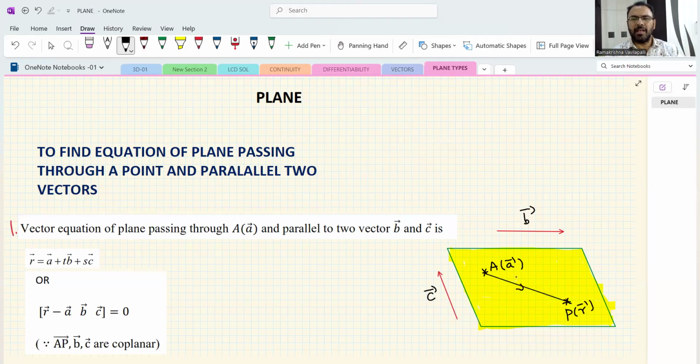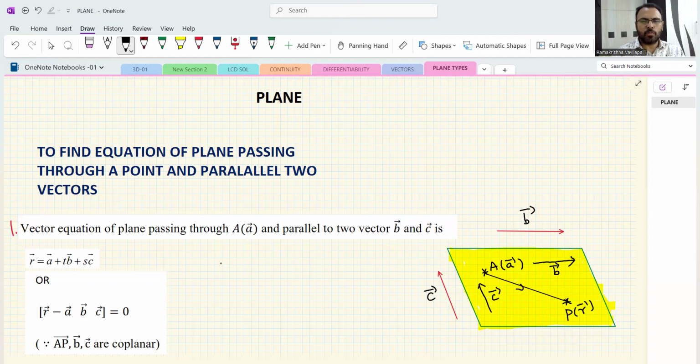And parallel to B bar, you draw a vector on the plane. This is parallel to the B bar vector. And parallel to the C bar vector, this is the C bar vector, or you just move those vectors onto the plane. Now you see that AP bar, B bar, C bar are coplanar vectors.